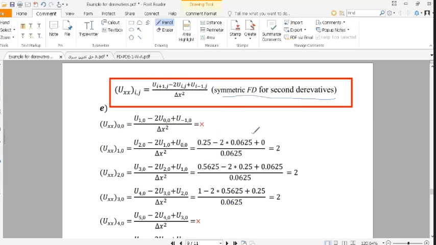We start from the first row. At the first row, we have t0 equal to 0. And we have x0, and then x1, x2, x3, and finally x4.